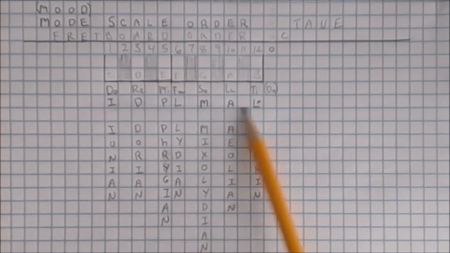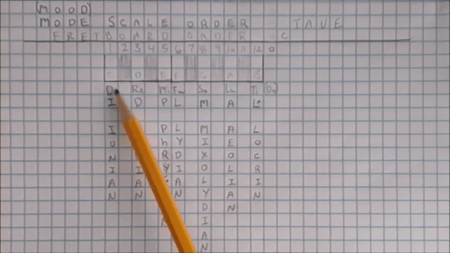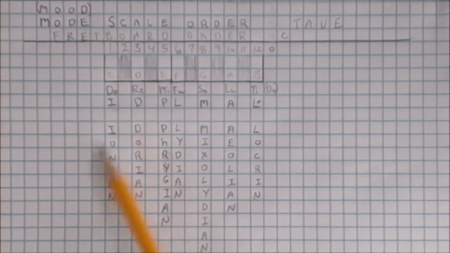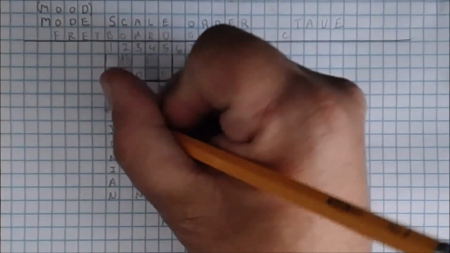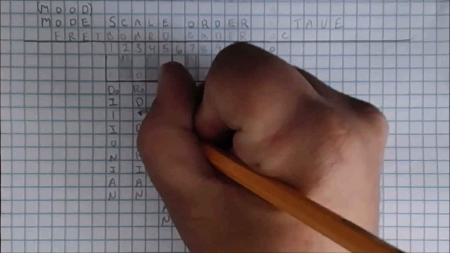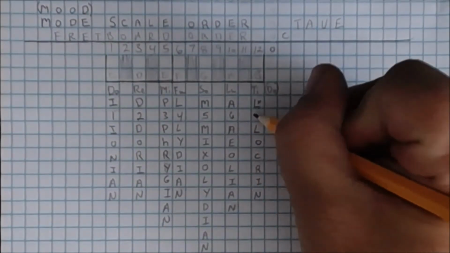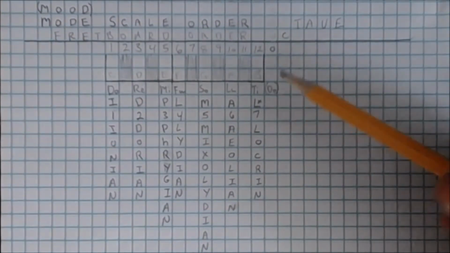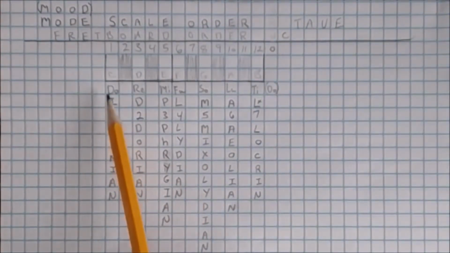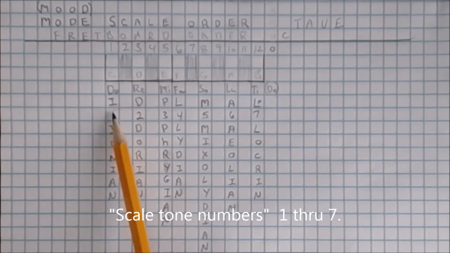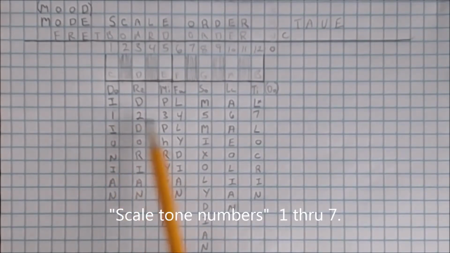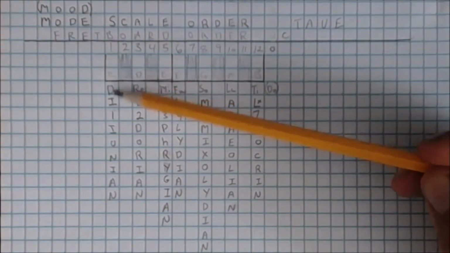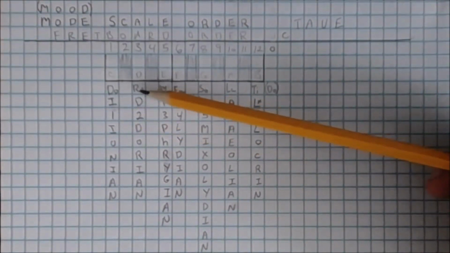Now, the modes fall together like this. The do, the first note, is always I for Ionian. I'm going to do something here that I didn't do before and write some numbers in here, because I think that would help. This will help you always know that the Ionian is from the do, it's the 1.